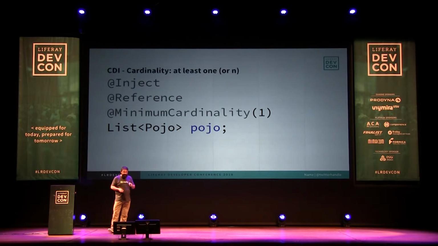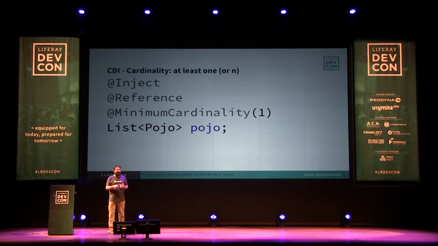So then in CDI, we still want to be able to have this at least one. The difference with CDI is that in DS, if you wanted at least 3, you'd have to go to configuration to apply some DS-specific configuration properties on the component to say it's not at least 1 that I want, it's at least 3, but you can do that.